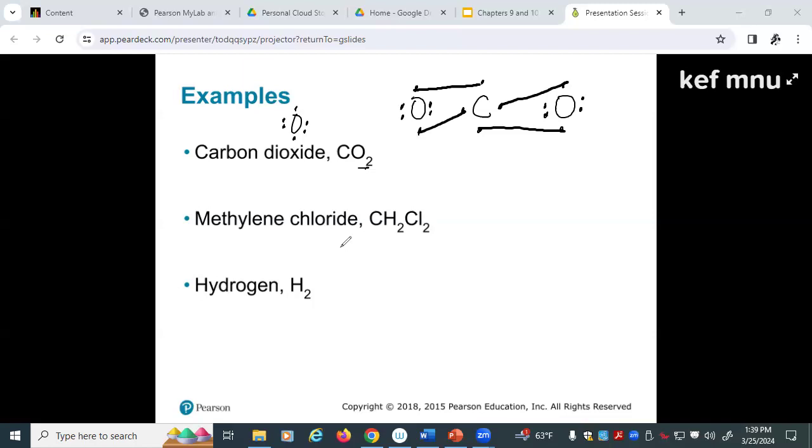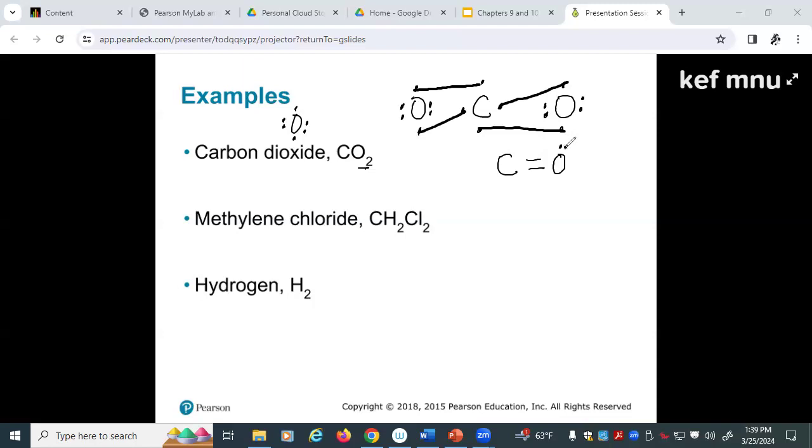Last thing that we want to do is we want to redraw this using lines to symbolize the electrons that we paired up, just to make it look a little bit neater. So when I do that, I'll have carbon in the middle. I'll have 2 lines to the oxygen to represent these 2 bonds.